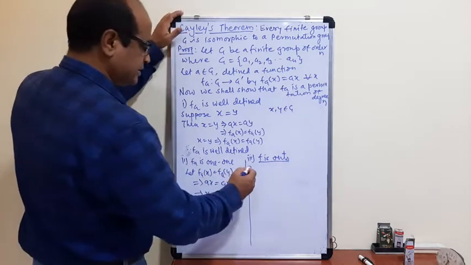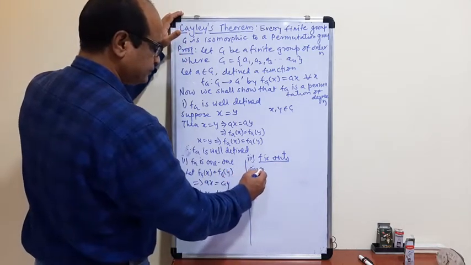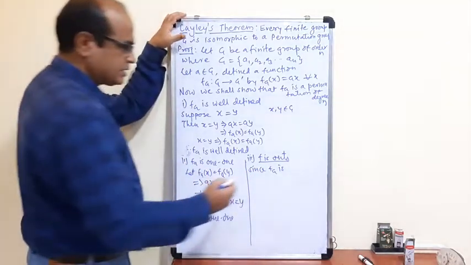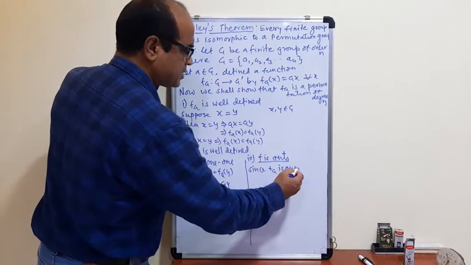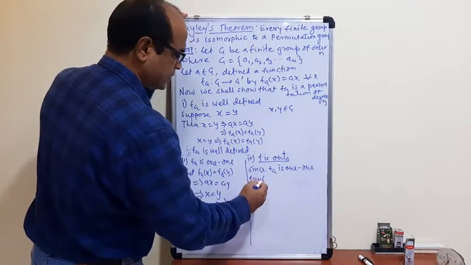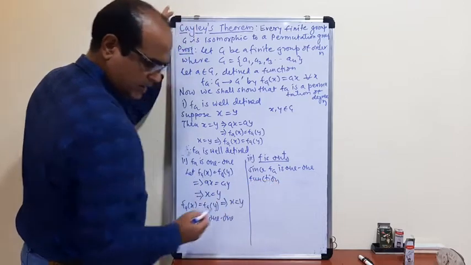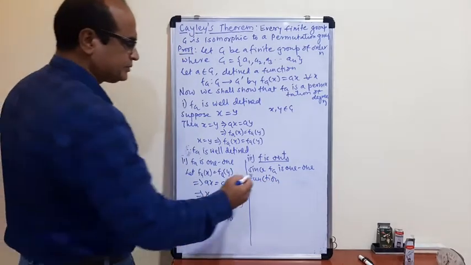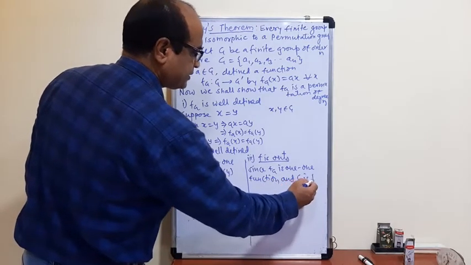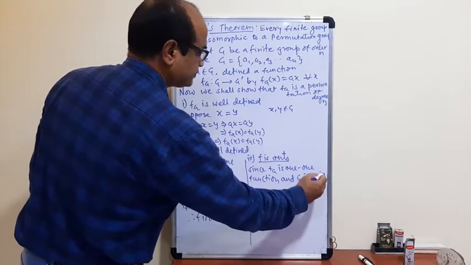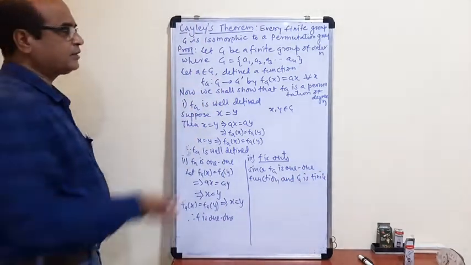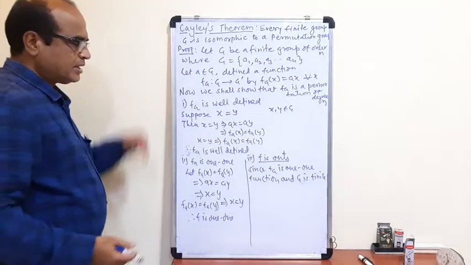Since f_a is a 1-1 function and G is finite, and f_a is a function from G to G dash, if G is finite then G dash is also finite.